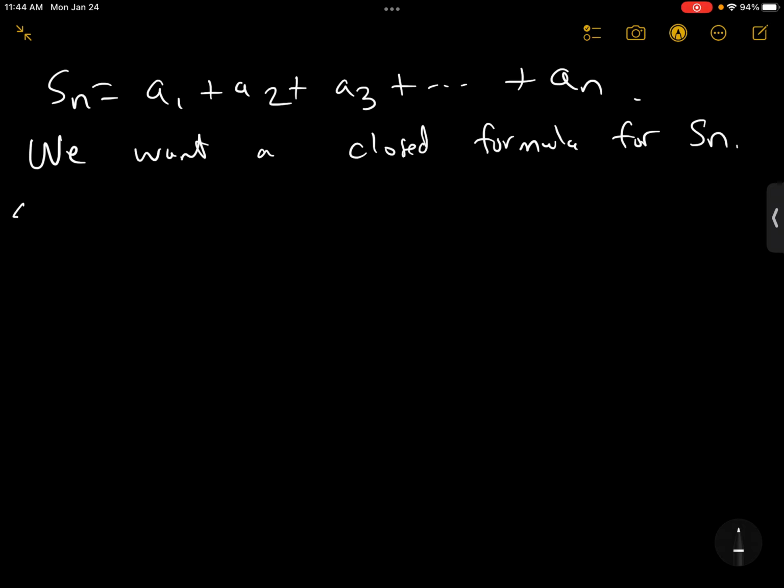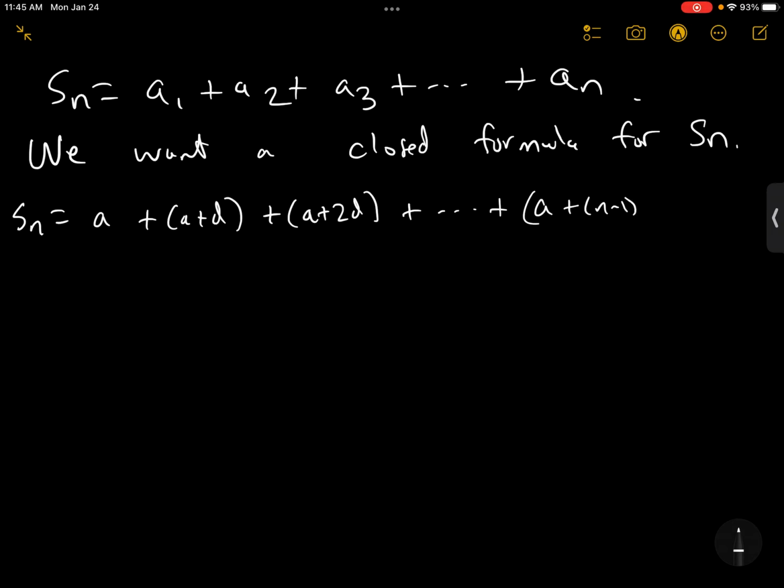So Sn is what? A is the first term, A plus d is the second term, A plus 2d is the third term, and then the last term is A plus n minus 1 times d. Right below this, I'm going to write it in reverse.